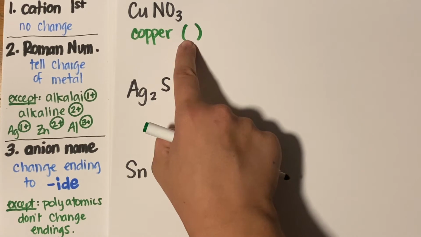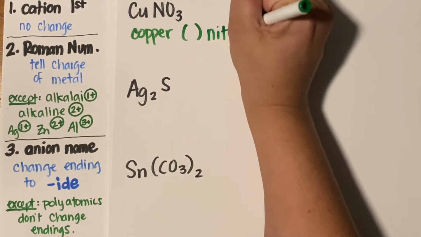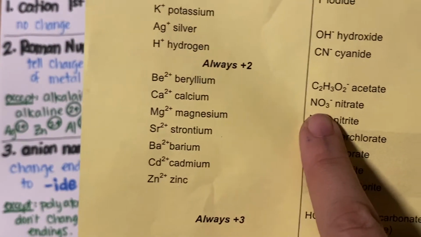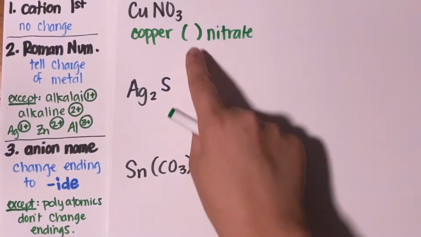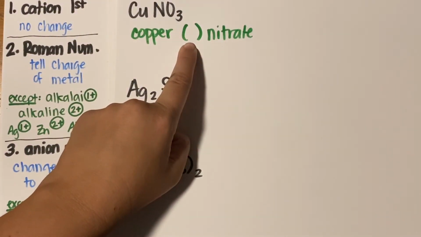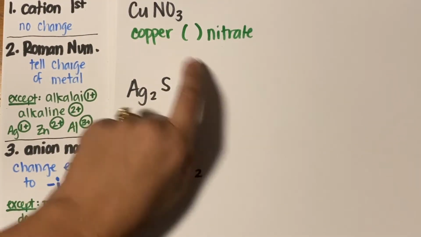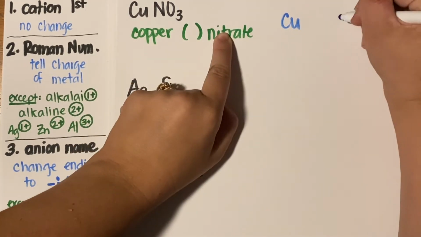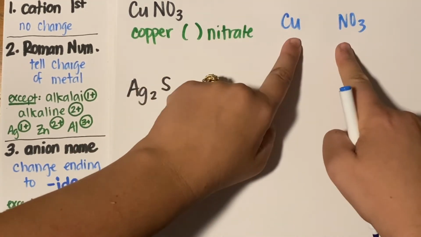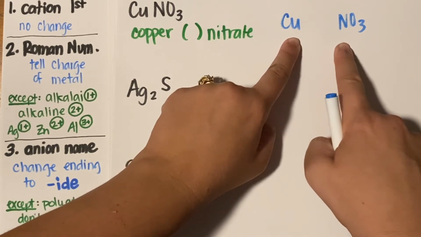So it's going to be copper something nitrate, because NO3 is nitrate. Now I need to figure out what the heck Roman numeral I have. So we break it down. So I have 1 copper and I have 1 nitrate. I need to figure out what charges these guys have.